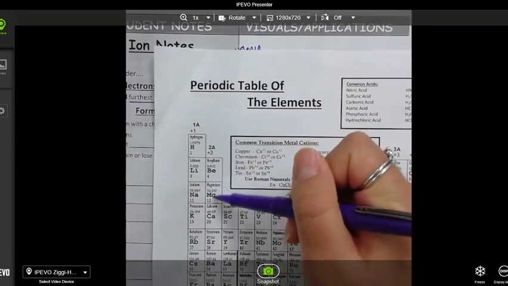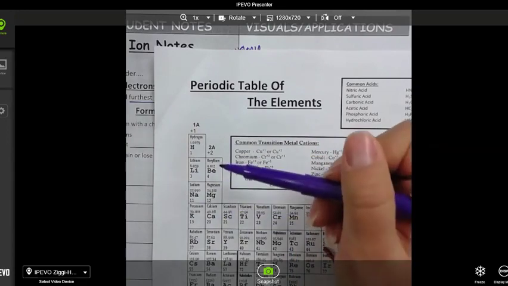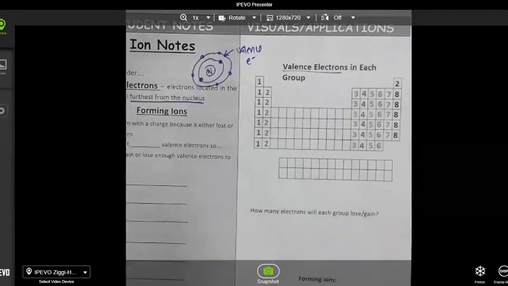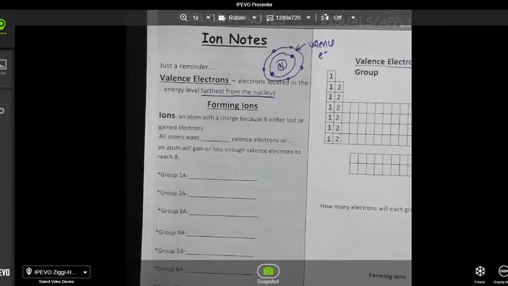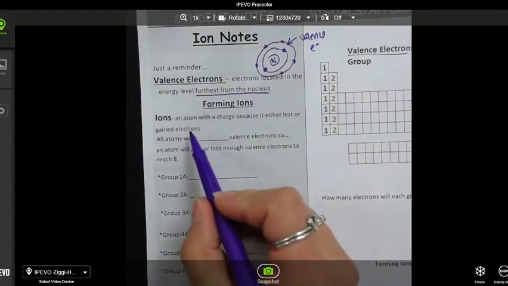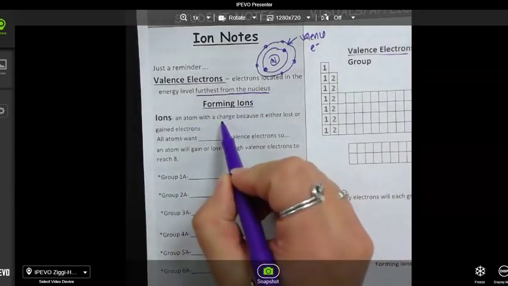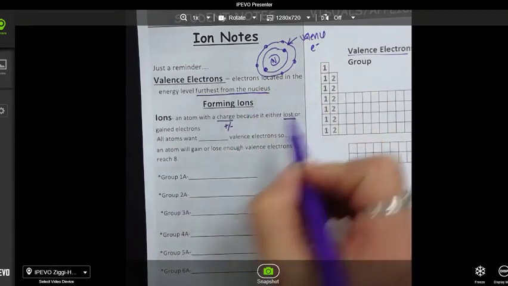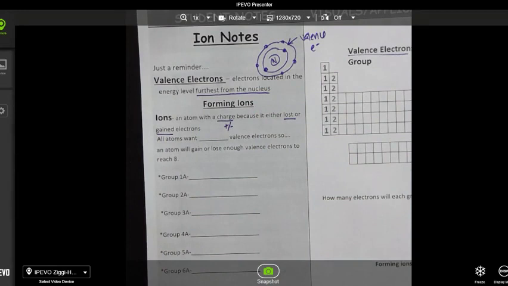Every single element in group 2 has 2 valence electrons, so they all have 2 electrons in their farthest outer level. We can utilize that information to help us figure out ions. Ions are atoms with a charge, positive or minus, because they either lost or gained electrons.